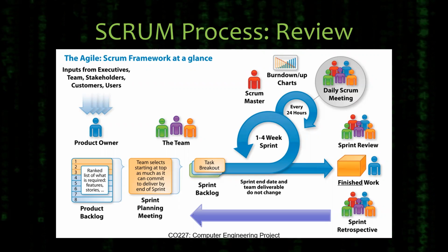And at the end of the work, you'll have the finished work, and you will review it with the owner. And then you have a retrospective to identify what needs to be continued, stopped, and started, which will follow into the planning, and you will iterate. Okay, so that's the entire thing, right? So any questions on that?